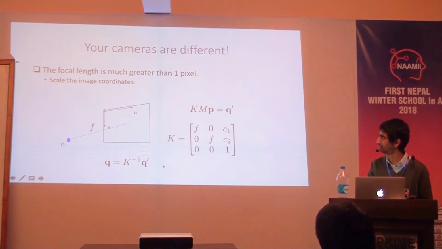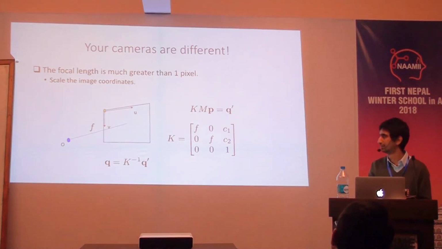So what it's doing is changing the rays so that your focal length is 1 and your origin is at the center.